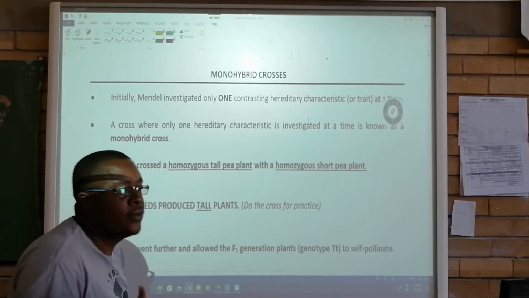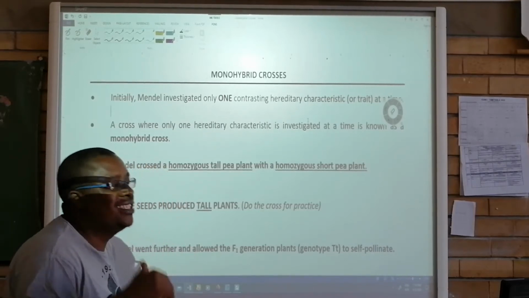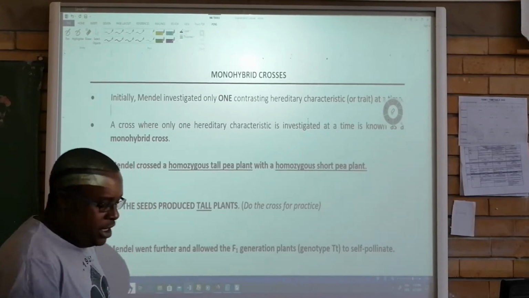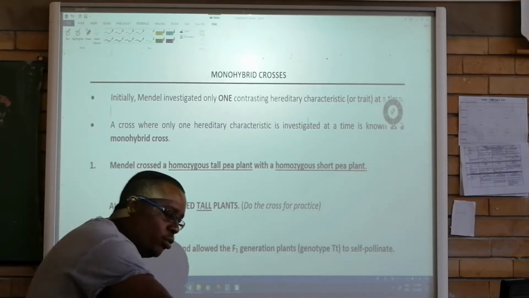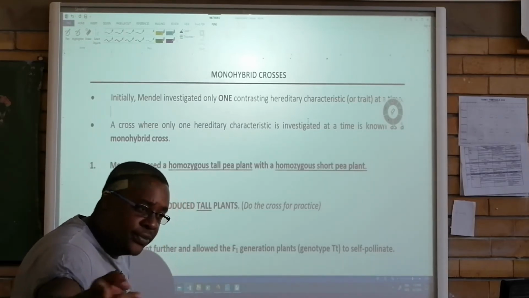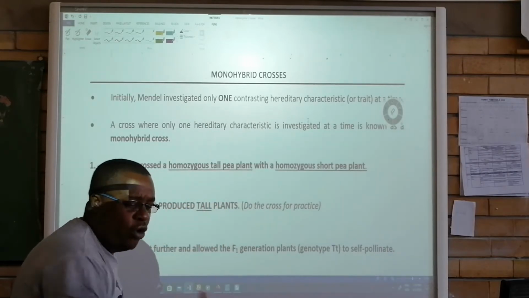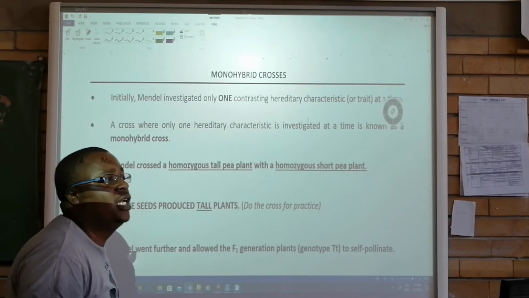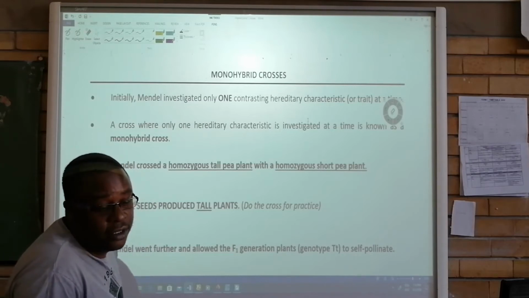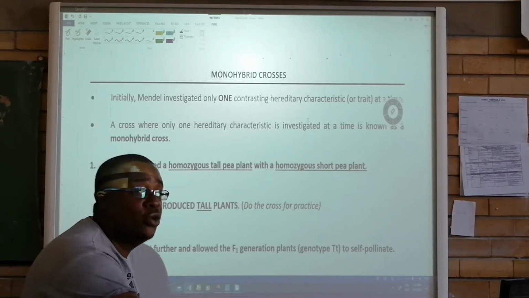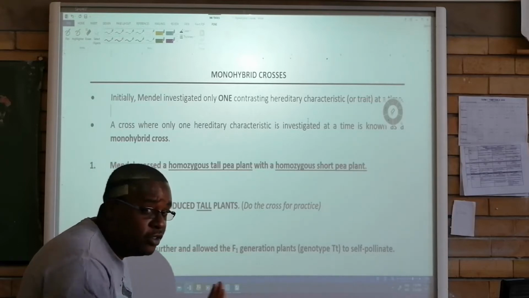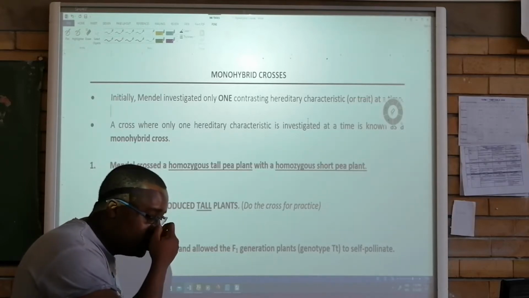Were tall plants. And then we looked at the second thing that he did. So he started with homozygous tall and homozygous what? Short. Crosses the two. All the offspring after that were what? Were tall.